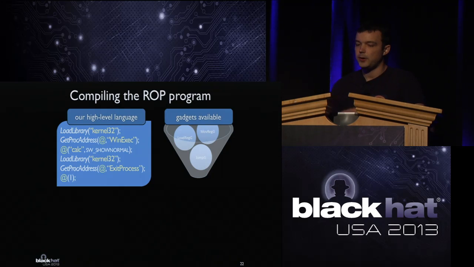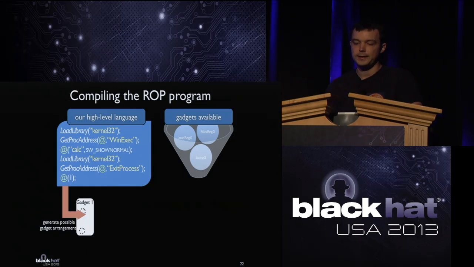The final step in all of this is taking the adversary's high-level exploit description and combining that with all the gadgets that we've actually found available in the pages we've iterated over, and trying to piece those together into a payload that's actually going to perform the actions that they want.